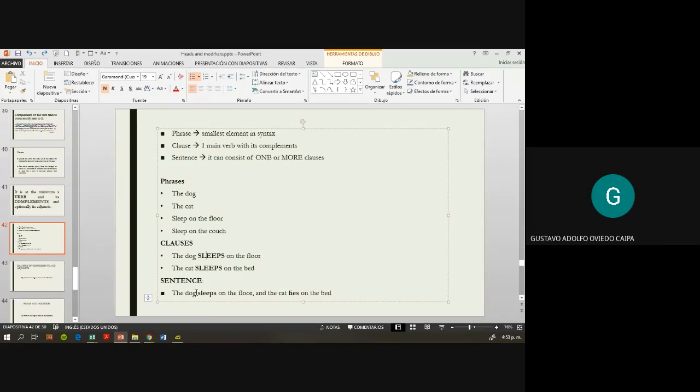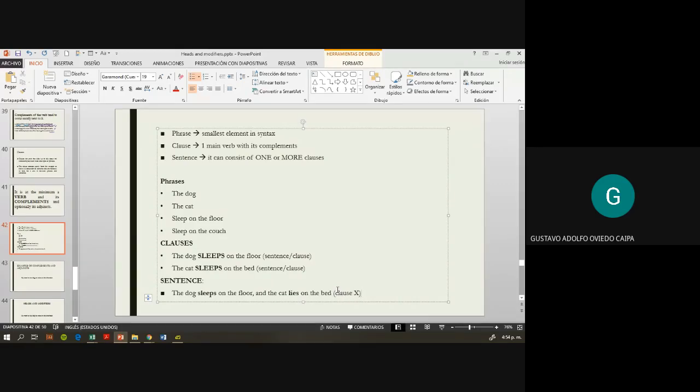But a sentence can be more than one clause. So for example, this can be considered a sentence or a clause. This can also be considered a sentence or a clause. But this cannot be considered a clause.